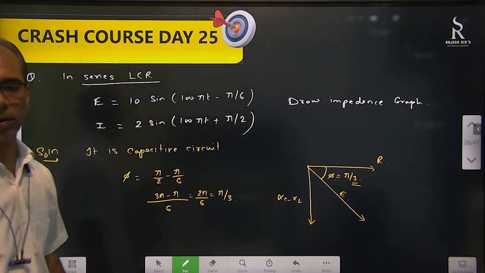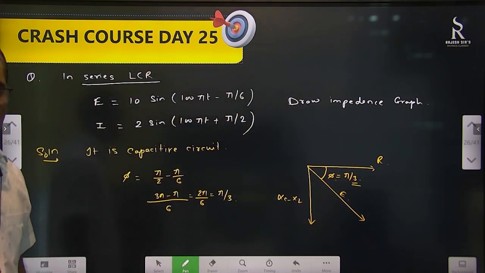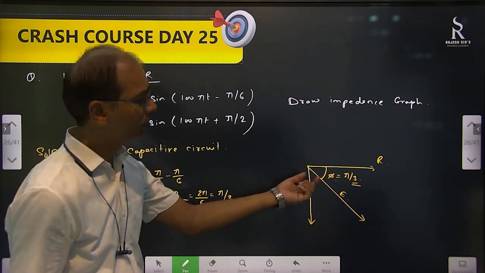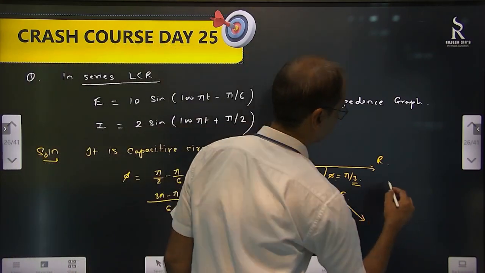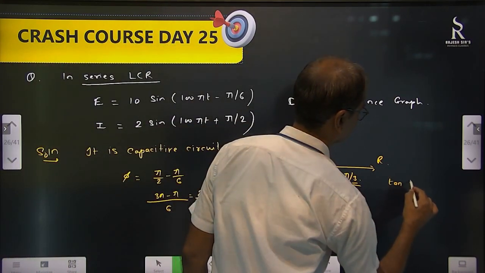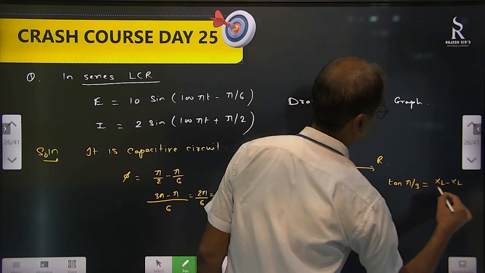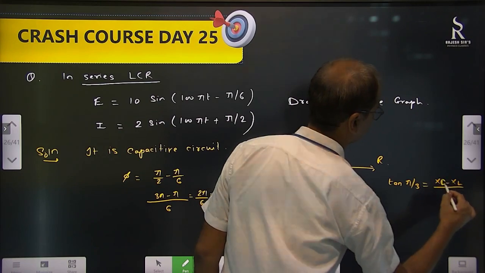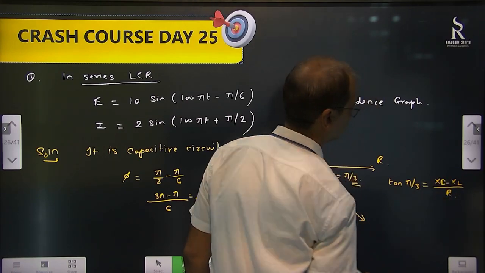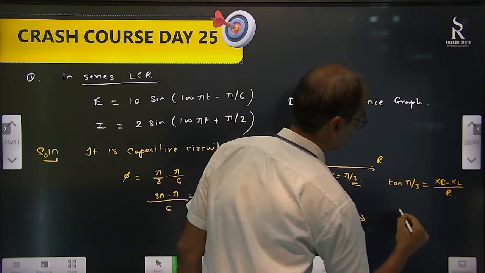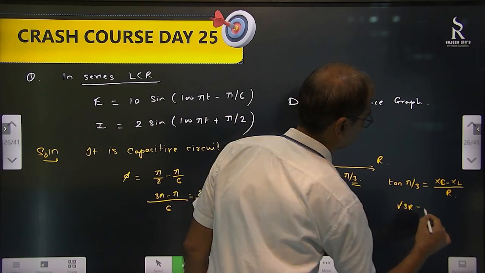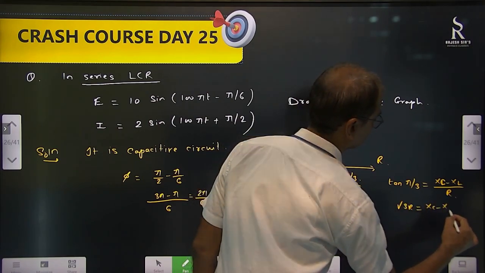What can we do? We can find the relation. We can say tan pi by 3 is equal to XC minus XL by R. Tan 60 is root 3. So root 3 R equals XC minus XL.